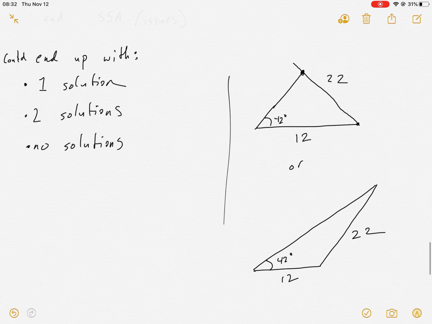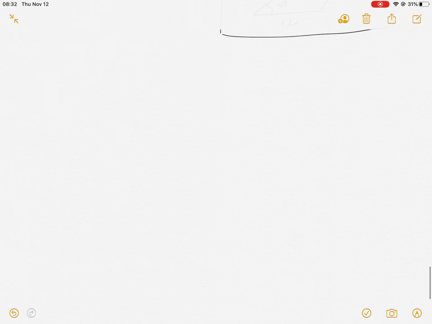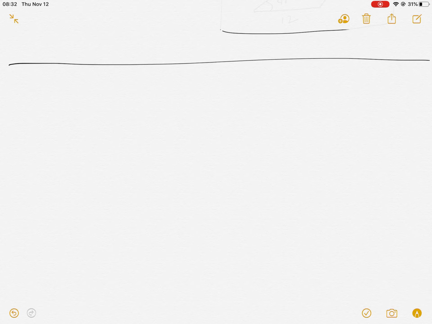So that's why we say that this is ambiguous. Because there's actually two different triangles we could potentially create, or we might not be able to create a triangle at all. So let's go ahead and take a look at each of these situations. And the really big takeaway is whenever you're given SSA, it's important just to know to double check your answer.